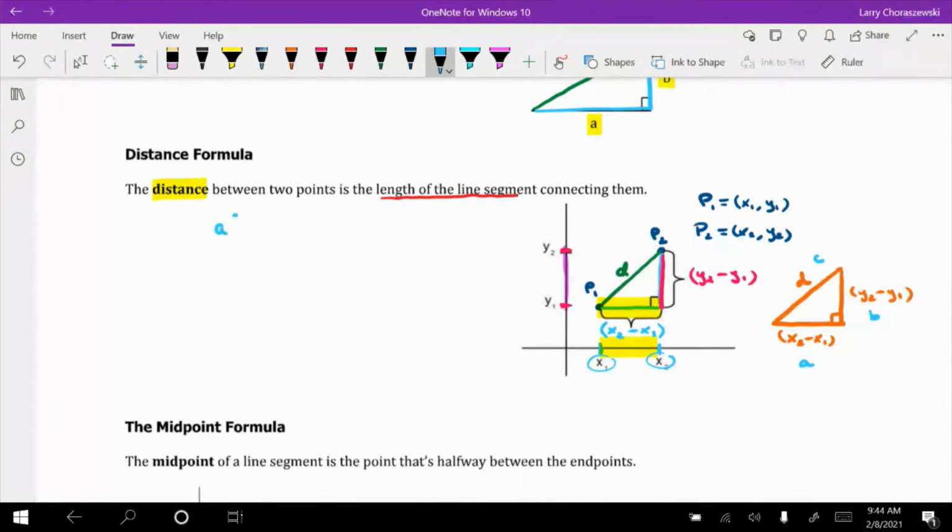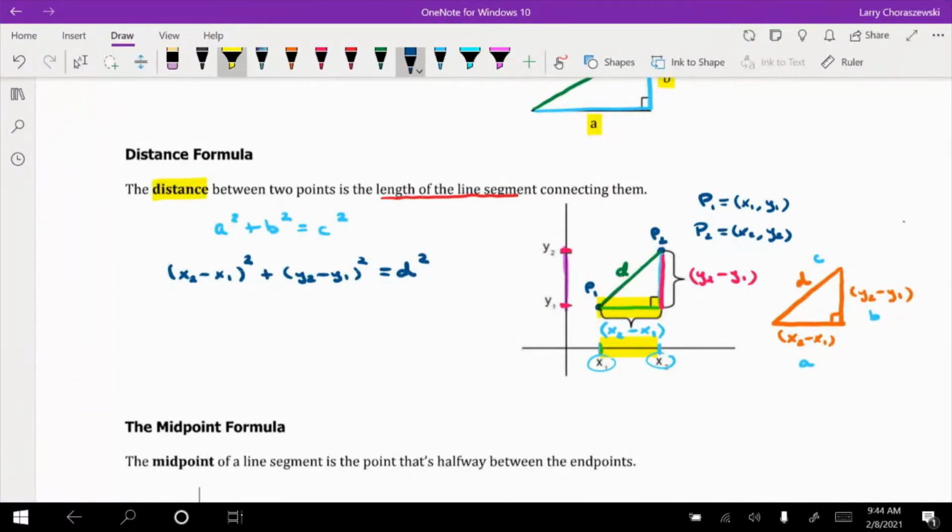So if we do a squared plus b squared equals c squared, we can rewrite that as x2 minus x1 quantity squared plus y2 minus y1 quantity squared equals d squared.